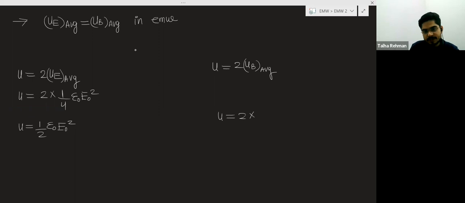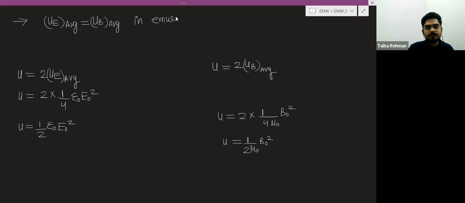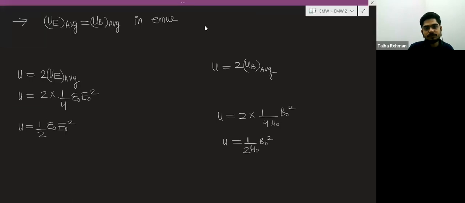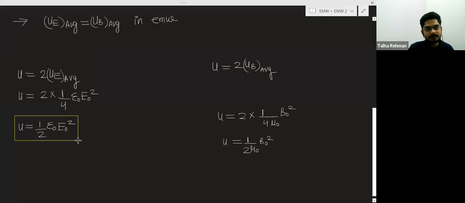So this can also be written using the magnetic energy density, 1 by 4 of mu naught into B naught square, so this can be written as 1 by 2 of mu naught into B naught square. So this is the total energy density in terms of the peak value of magnetic field.